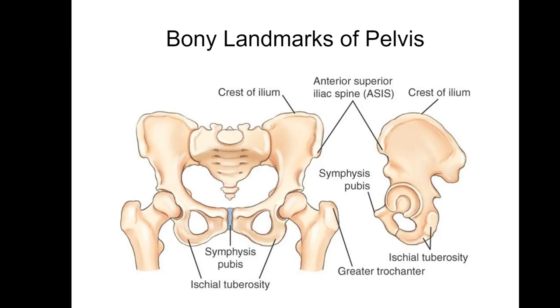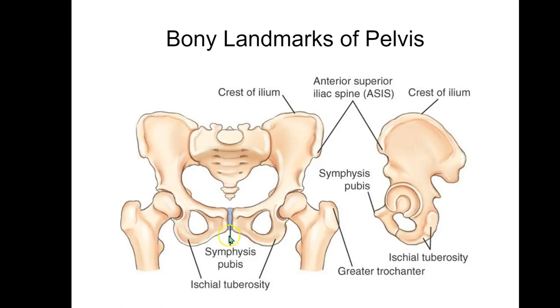Again, the greater trochanter, you've seen here, can be palpated through the soft tissues of the upper thigh, and it's at the same level as the pubic symphysis and the femoral neck. The ischial tuberosities can also be palpated posteriorly, and they lie again about 1.5 to 2 inches below pubic symphysis, which you can see here.